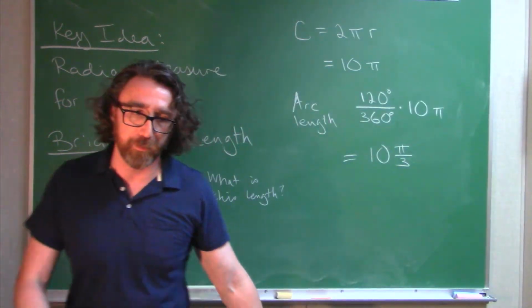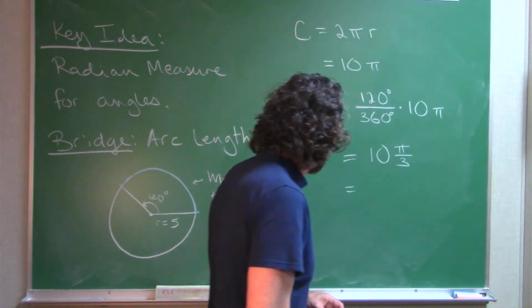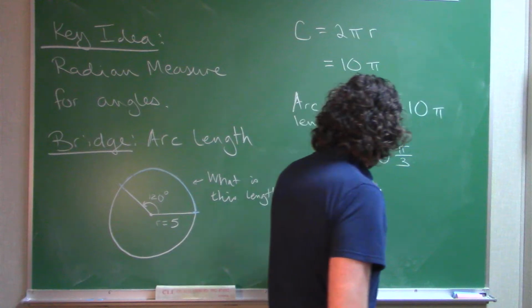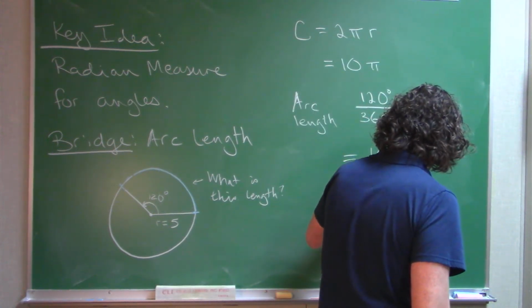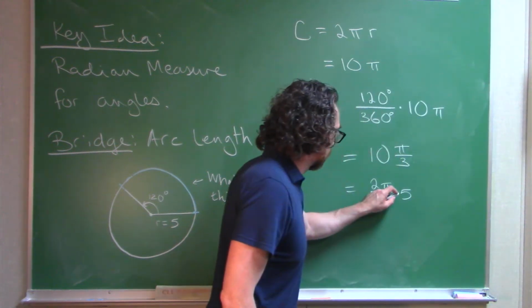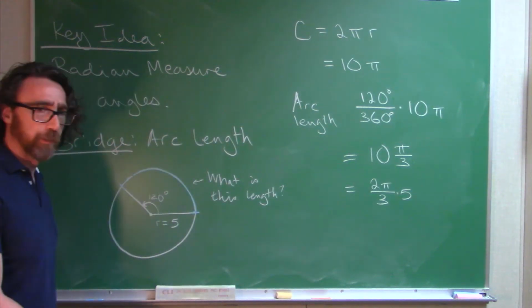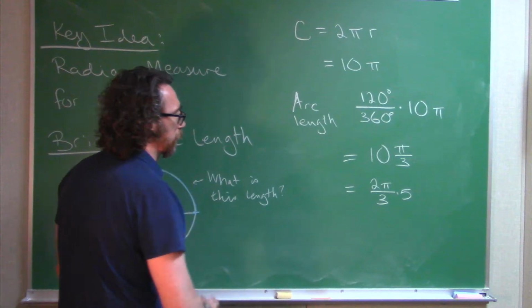So I had a 120-degree angle, and I get this right here. Now, I'm actually going to encourage you to think about it this way: 2 pi over 3 times 5. I'll show you why in a second. Let's look at another arc length problem.